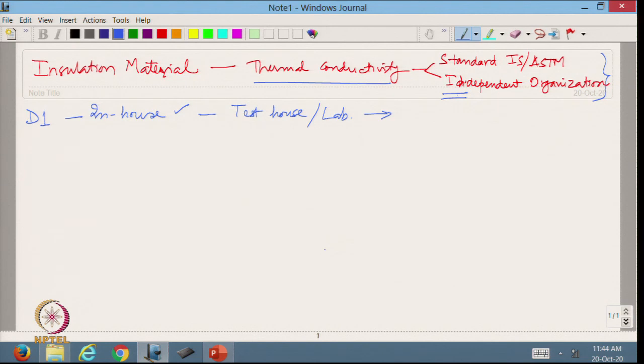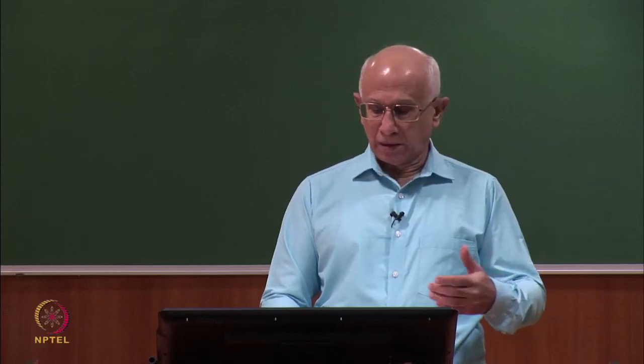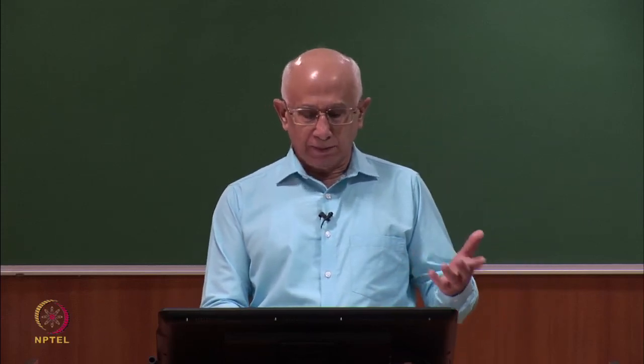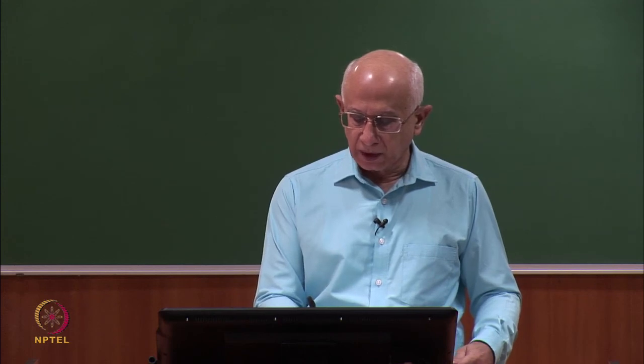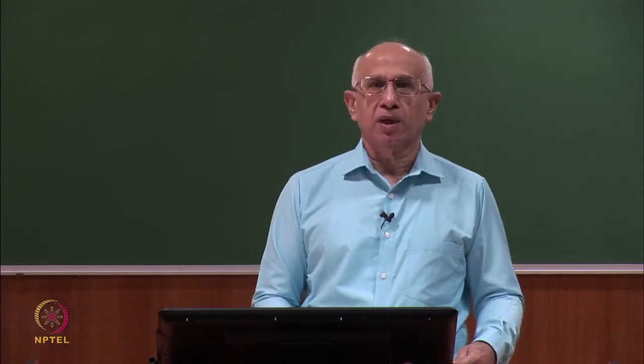And then they would look at it and say, well, I have very many options possible. Some test house says, yes, I have such an apparatus conforming to this standard and I can do it for you. That's problem solved, but then you need to agree to get the payment and you have to figure out whether the uncertainty is as per the ASTM standard.